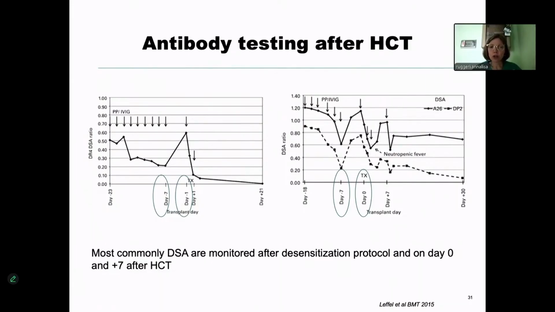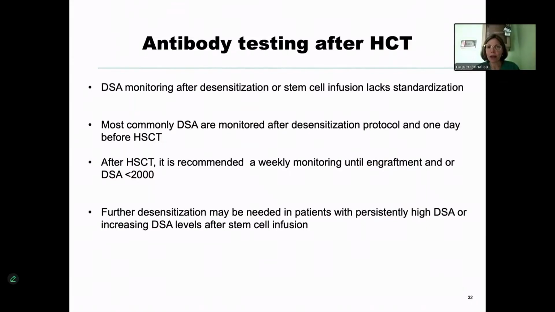So not only your desensitization strategy, but then the monitoring of the DSA at day 0 and day 7 to eventually further prevent the risk of graft failure.